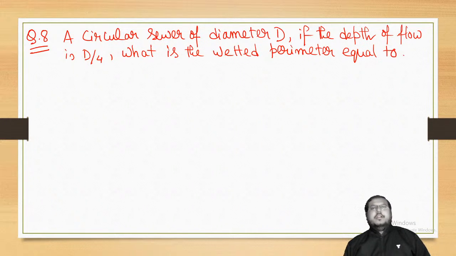A circular sewer of diameter d, if the depth of flow is d by 4, what is the wetted perimeter equal to?